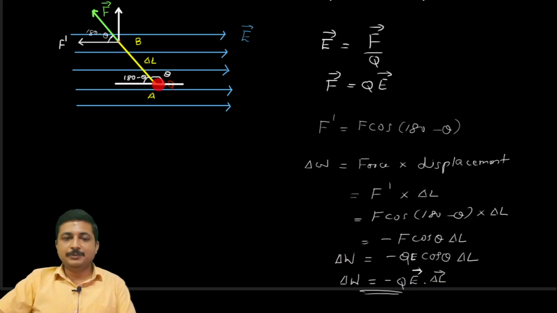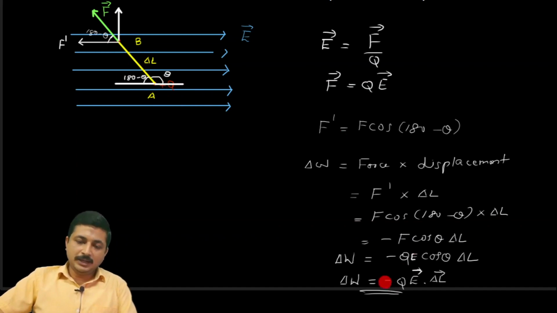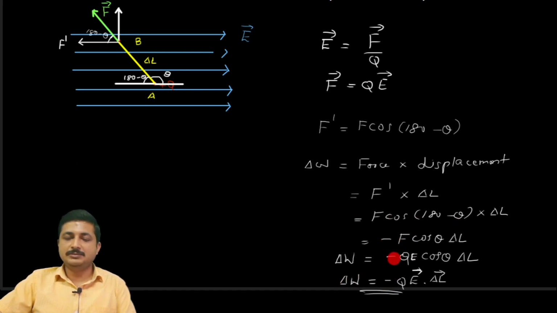If you are moving along the field, you will absorb energy from the field. Now this plus Q, that is the charge, is losing its energy when it is trying to move in this direction. So the lost energy is represented by a negative sign. That's why my work done becomes negative. So I have mathematically proved why this is coming as negative, and now you know theoretically how to infer why this is negative.